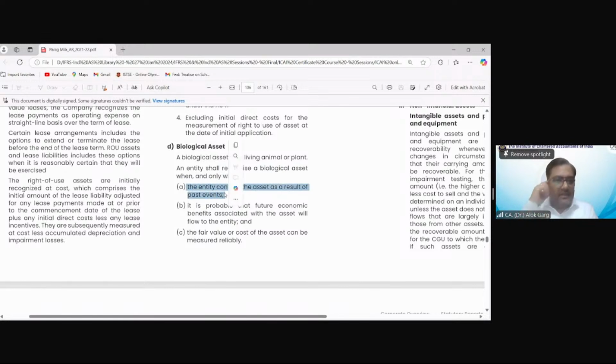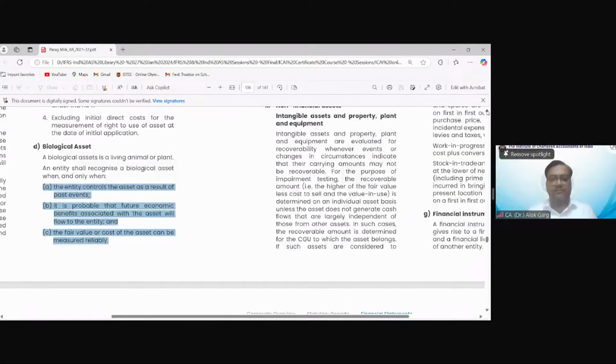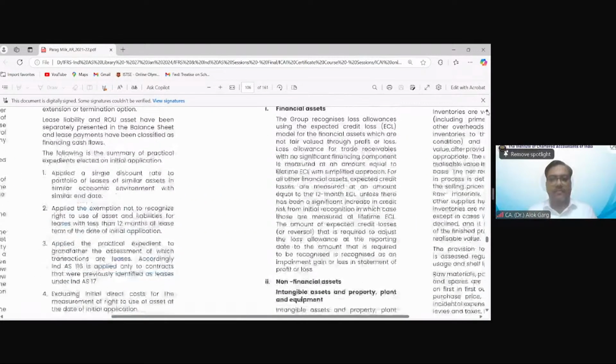You remember the recognition criteria? It is probable that future economic benefit will be received and the fair value or cost of the asset can be measured reliably. Have I explained these 3 criteria for the recognition of a biological asset? Yes or no? Yes, sir.